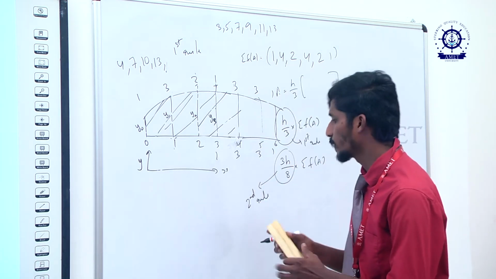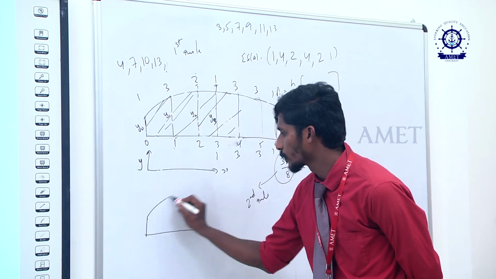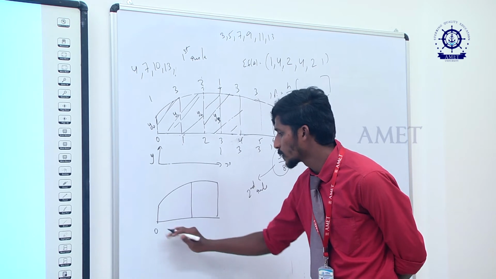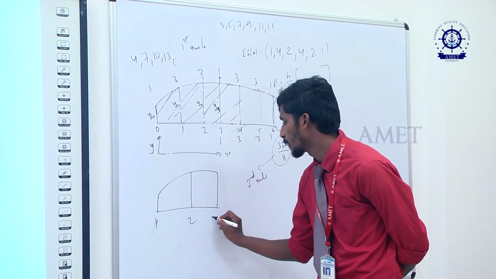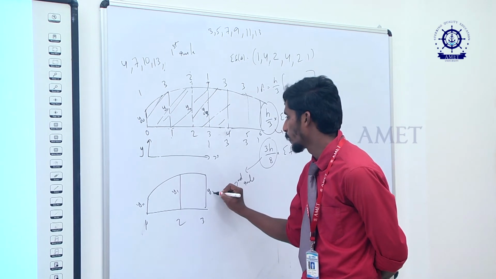So what is the meaning of this rule? It has a curve. You have stations 1, 2, 3, so it is y0, y1 and y2.